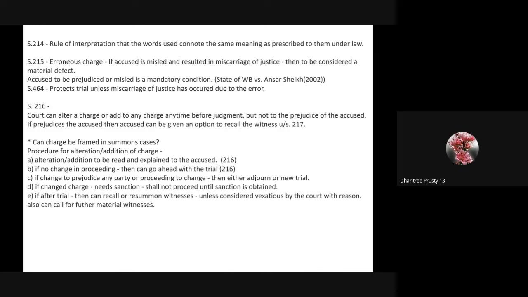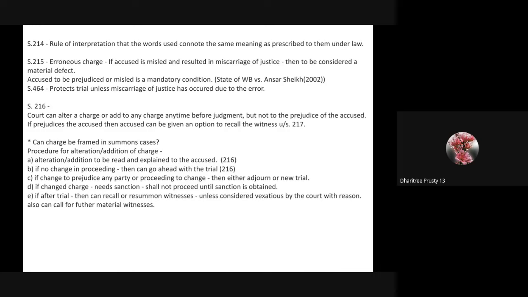Under 216 the court can alter a charge or add to any charge any time before judgment, but not to the prejudice of the accused. So can an appellate court, or a sessions court while hearing the appeal, alter a charge? Please answer me at the end of the session.